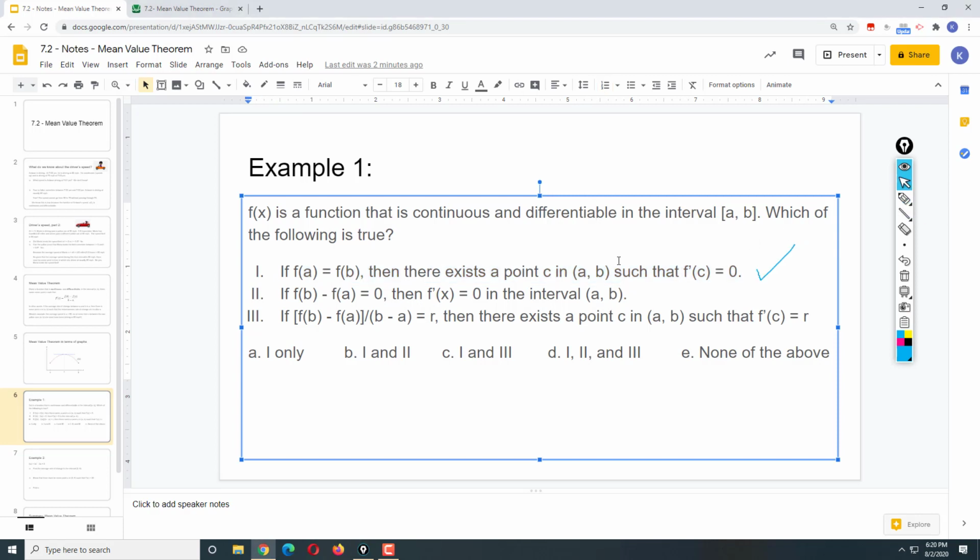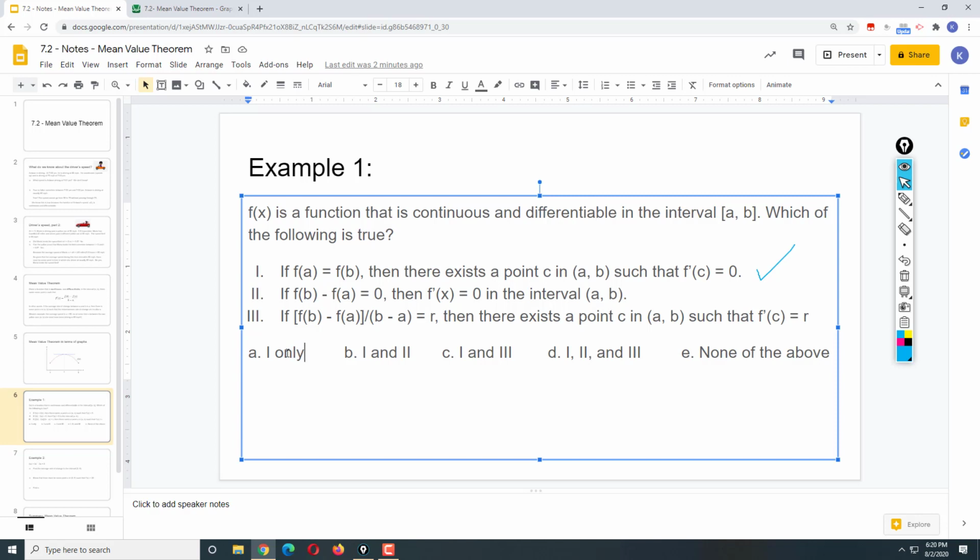By the way, a good strategy for standardized tests is, now that we know statement 1 is true, we can go to our answers and eliminate the ones that are not right. There are 5 answers in AP tests. A says only 1 is true.